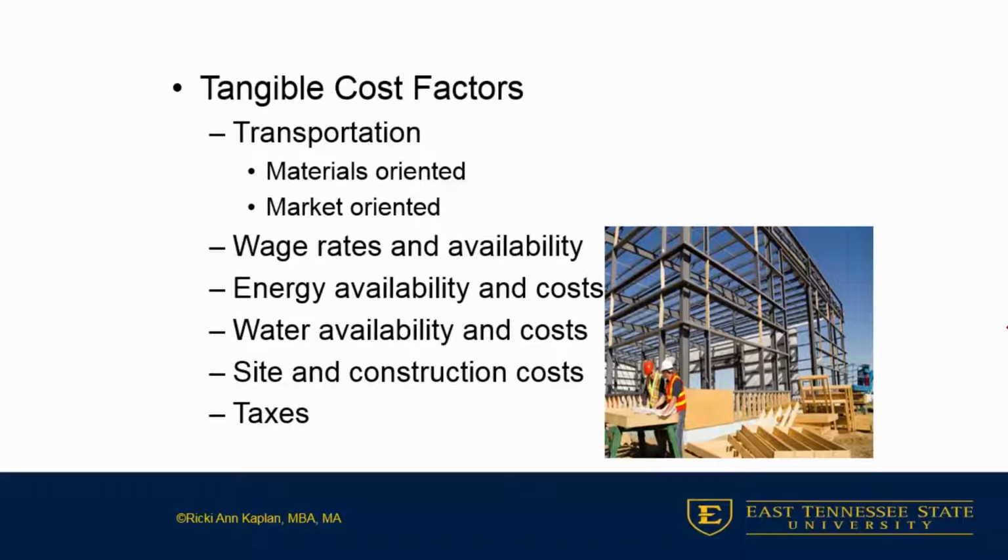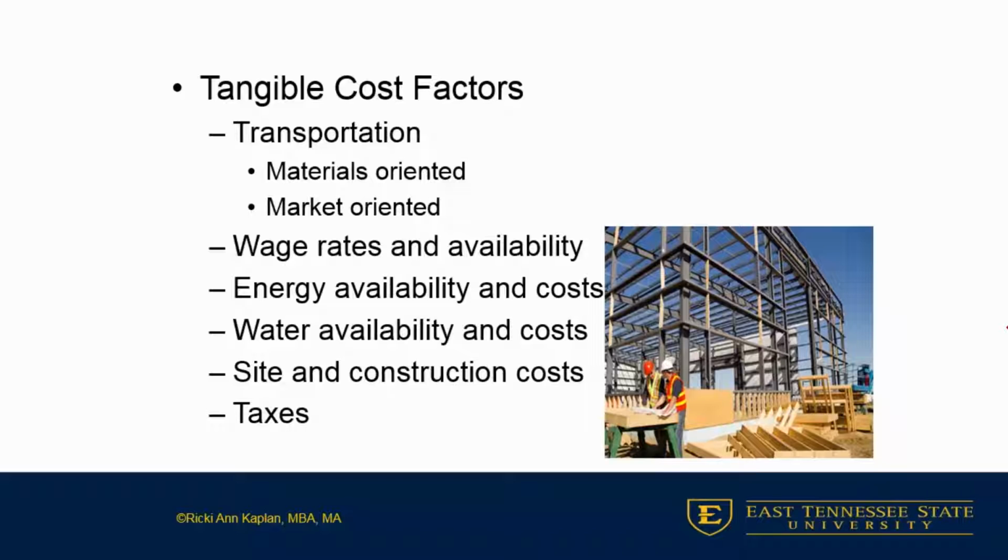Energy availability and the cost. Living here in Tennessee, we have the Tennessee Valley Authority, and actually the cost of energy is very low comparably to California, where cost of electricity and cost of energy is very high. So you need to take a look at those things.